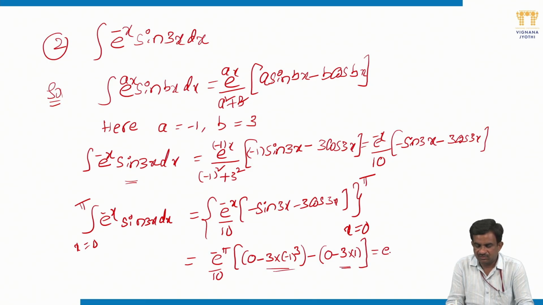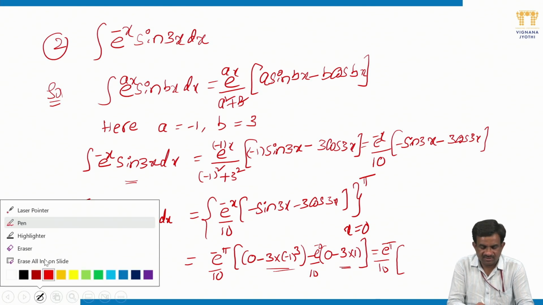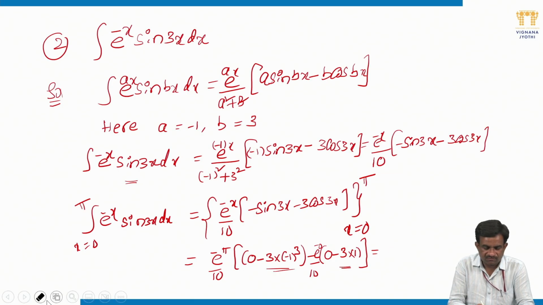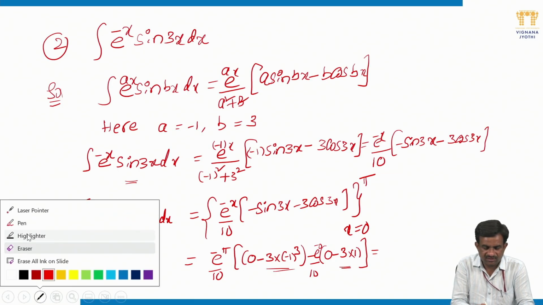This is equal to e power minus pi by 10 at the upper limit, and at the lower limit e power minus 0 is anyway 1, divided by 10. You can take 1 by 10 as common outside.